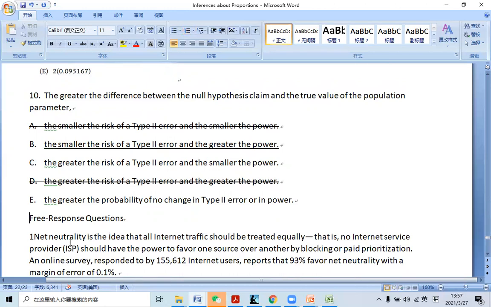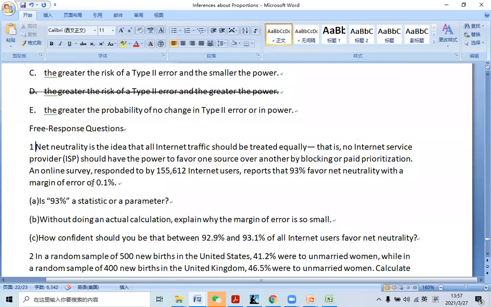All right, let's look at the free response questions. Net neutrality is the idea that all internet traffic should be treated equally. That is, no internet service provider should have the power to favor one source over another by blocking or paid prioritization.